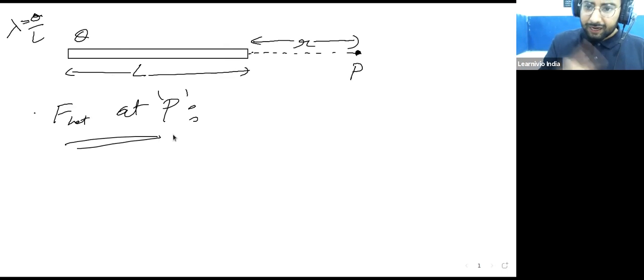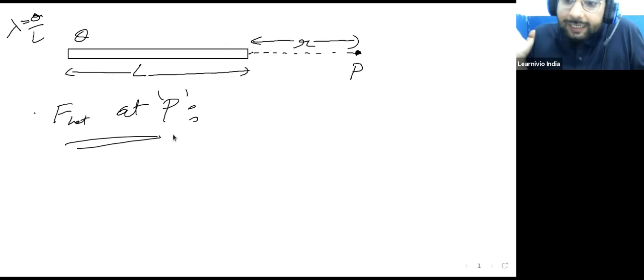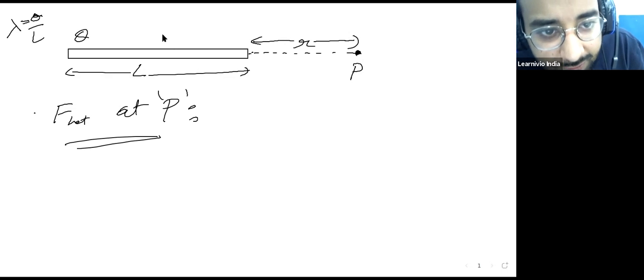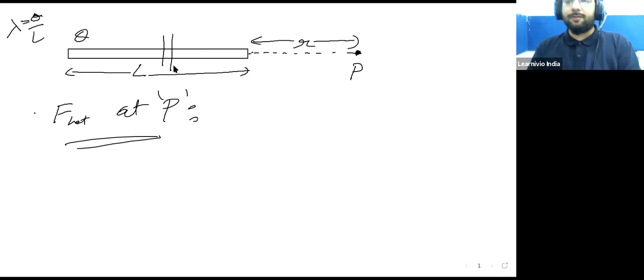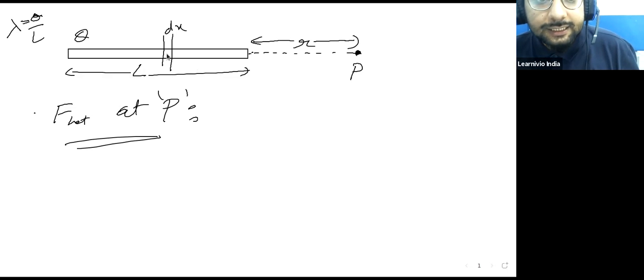Now, up till now, what were we doing? We had discrete objects and we were adding them up. When you have continuous objects, what do you do? You integrate, right? So how are we going to do that? We're going to take a small element here, dx. Let's say the distance from P of this dx element is some x.